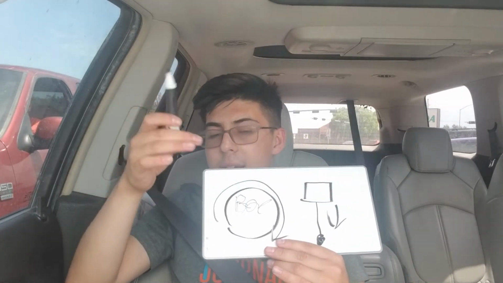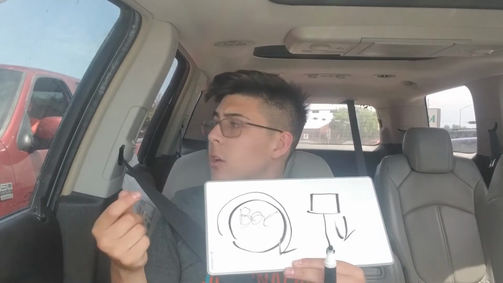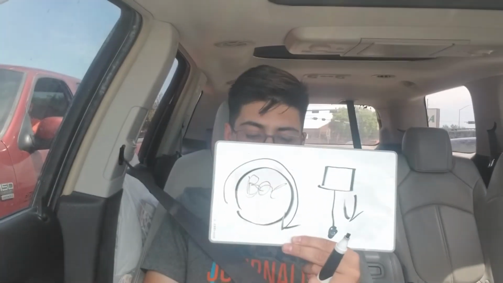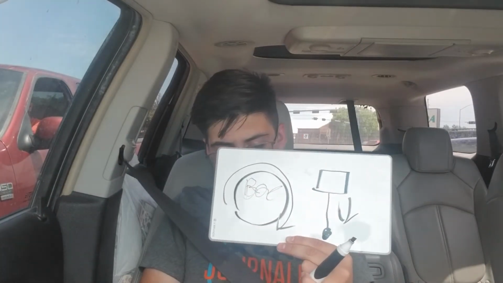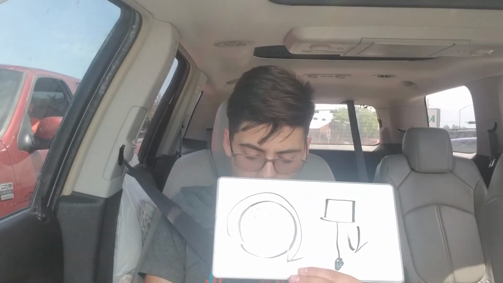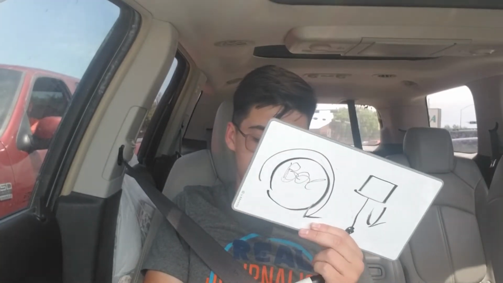Because if you have a longer stroke, you won't be able to rev as high, which is why a lot of semi-engines, diesel engines, and larger gas engines aren't able to rev as high, because they have longer strokes, so they can create more torque as opposed to more horsepower. We'll learn about horsepower versus torque sometime later.